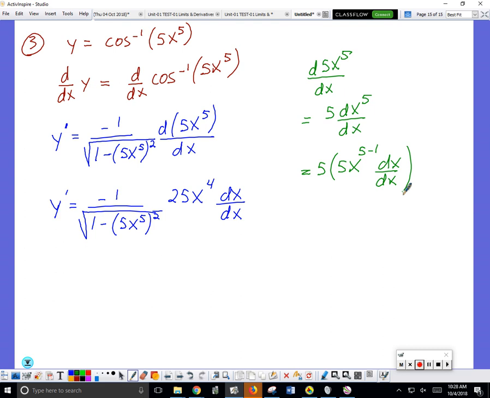Anybody else? So d dx of what? Because I understand how you get the dx over dx. Here's the rule. Okay, so okay with the rule?